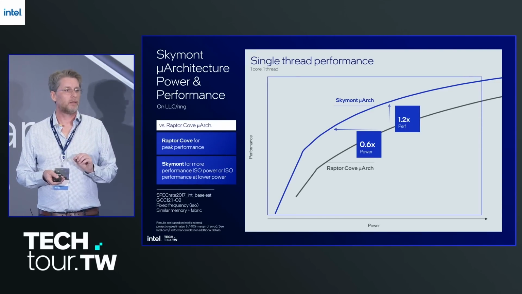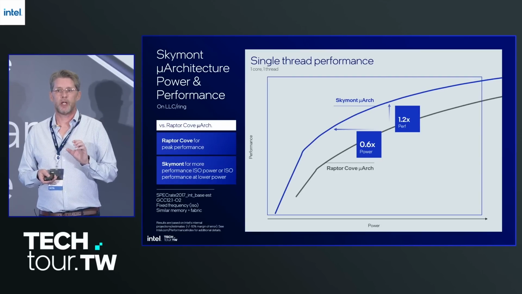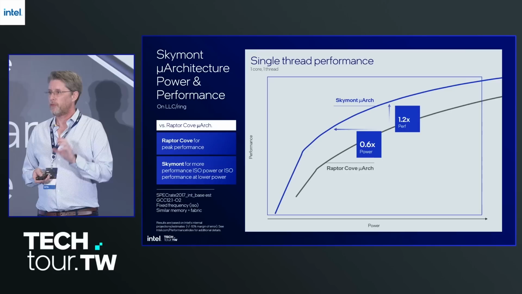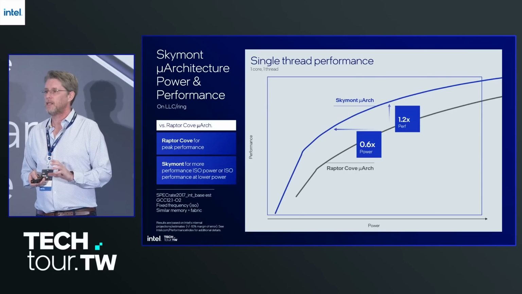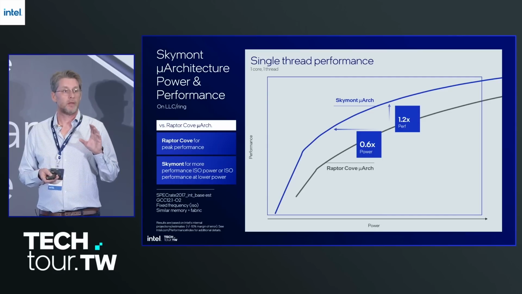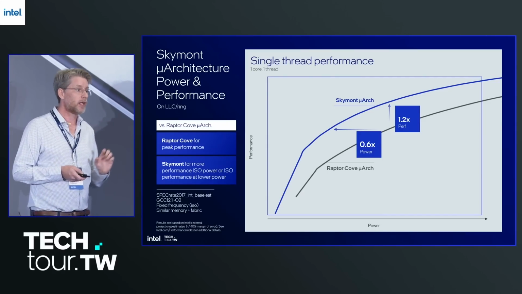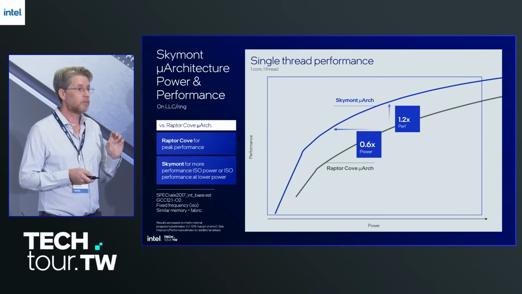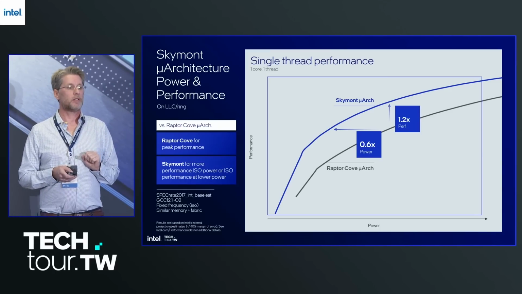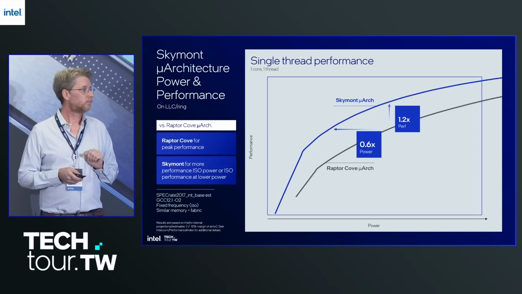This is what you're getting out of an E-core. This is what you're getting out of Skymont. This is what we think is key to driving hybrid, to driving PC efficiency, to providing long battery life, and providing a great user experience for Lunar Lake.